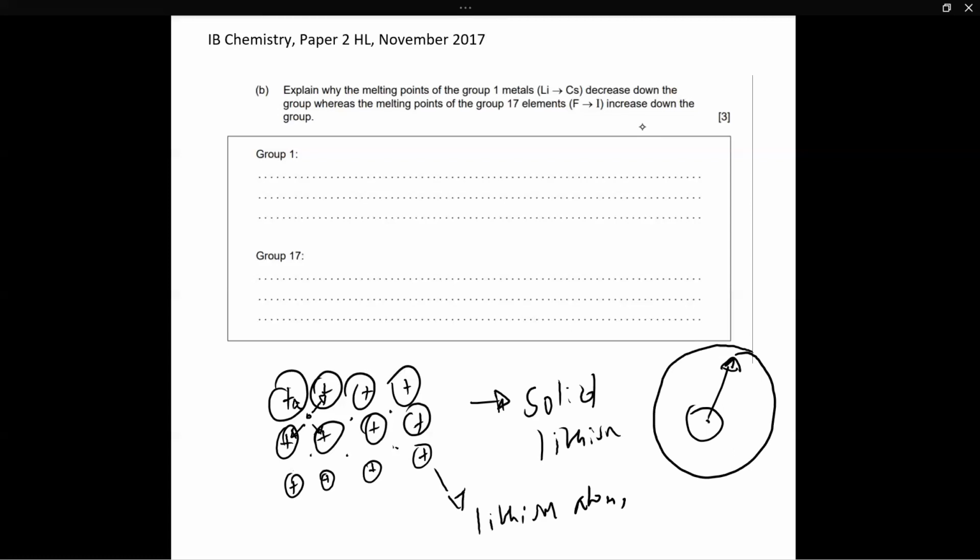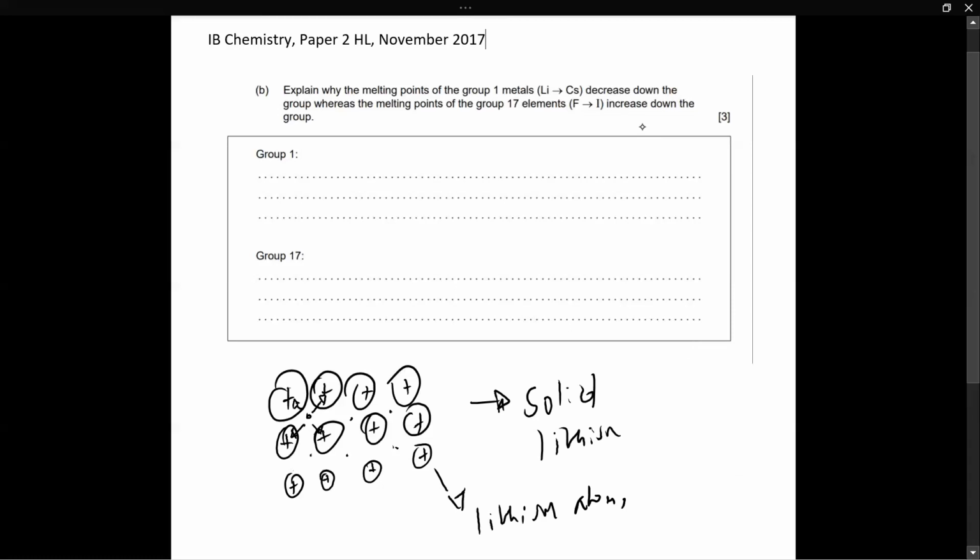And as you move down a group, we see that each consecutive element has gained one more shell, right? Because group 2 elements have 2 shells, group 3 elements have 3 shells, group 4 elements have 4 shells, group 5 elements have 5 shells, and so on. So as you move down the group, we begin to see that the number of shells is increasing, and consequently, the ionic radius will also increase, right?